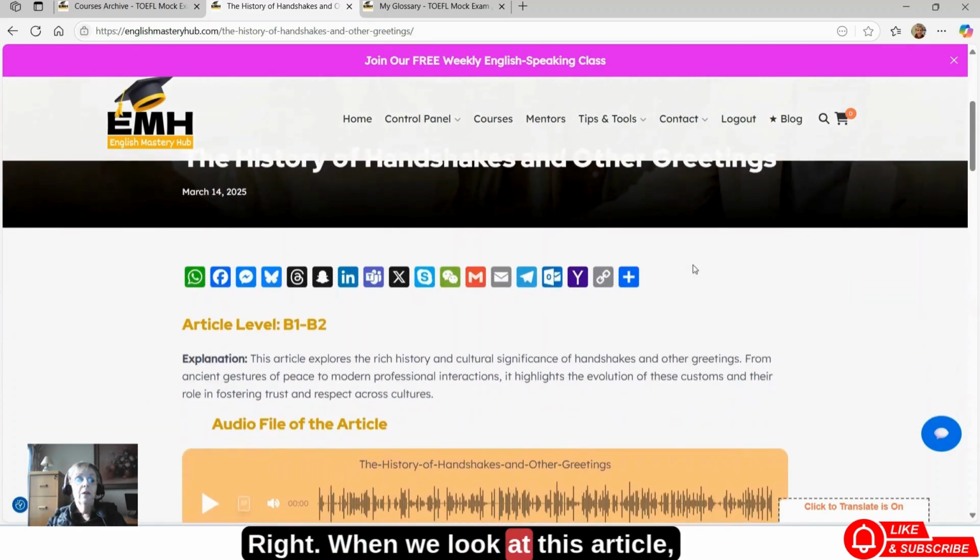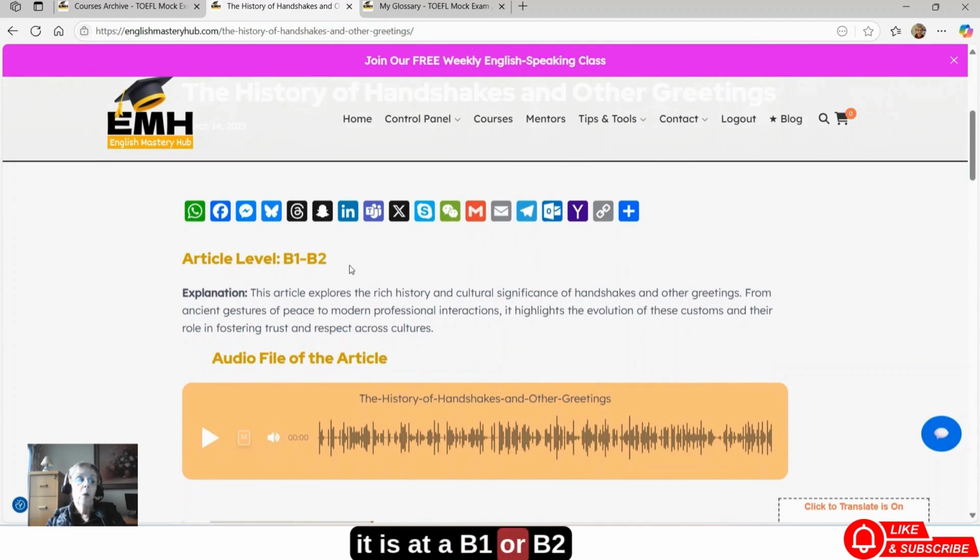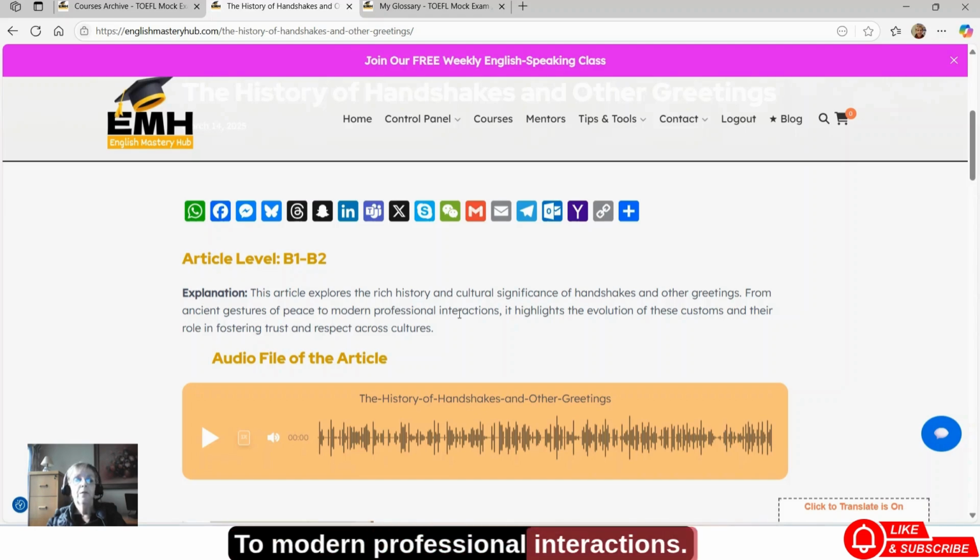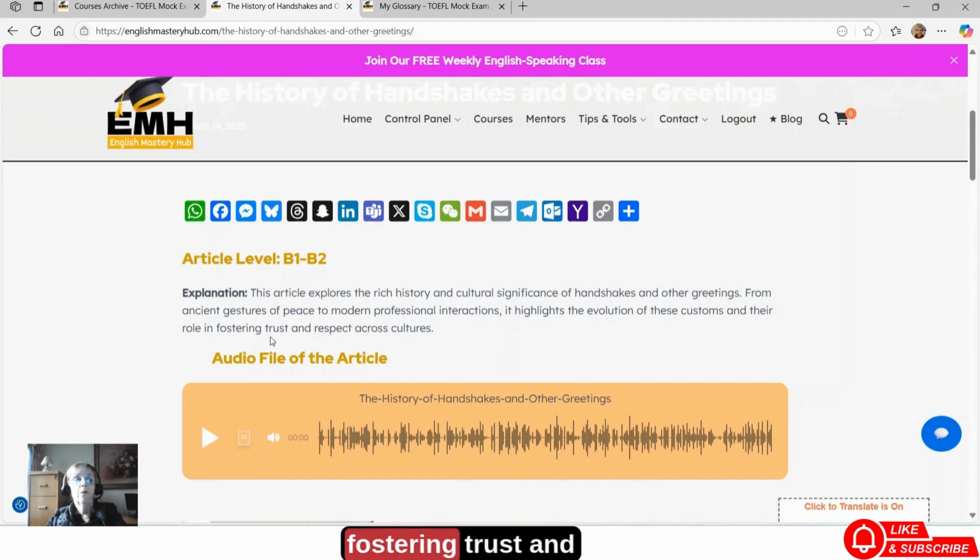Right, when we look at this article, it is at a B1 or B2 level, and this article explores the rich history and cultural significance of handshakes and other greetings, from ancient gestures of peace to modern professional interactions. It highlights the evolution of these customs and their role in fostering trust and respect across cultures.